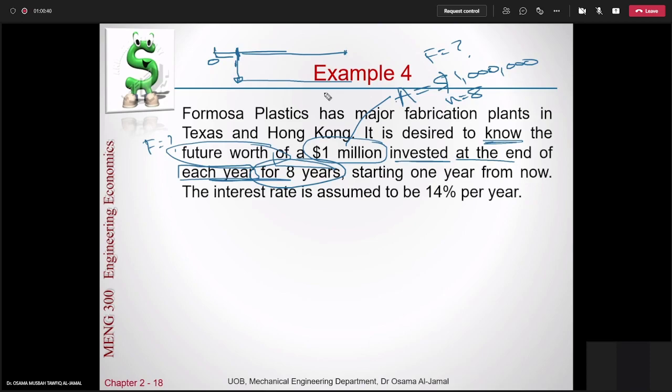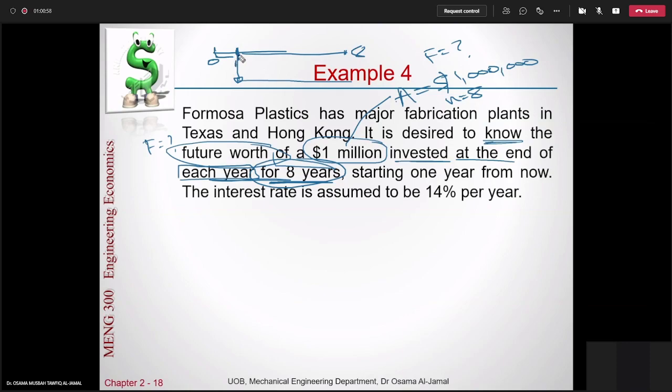So it'll be at year 9, I guess. Who else? 8, Doctor. At year 8, it says here for 8 years. Thank you.